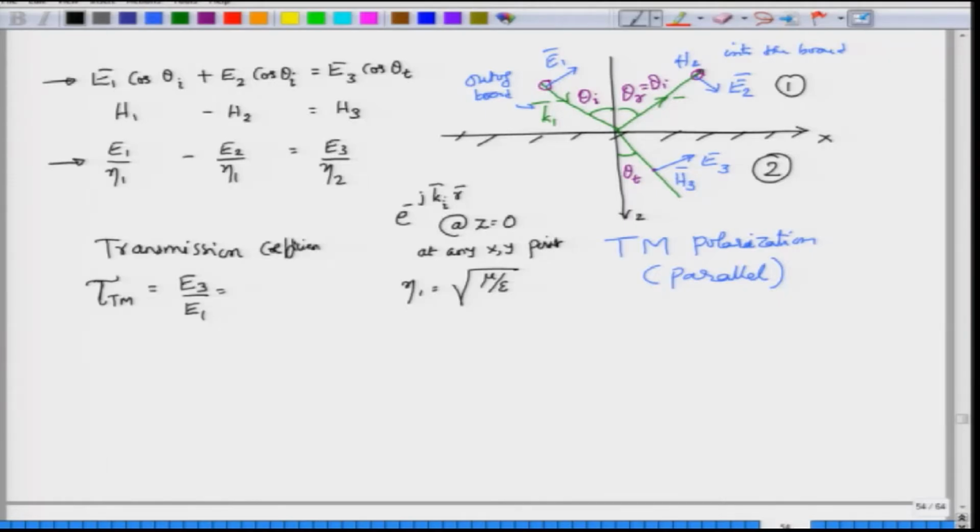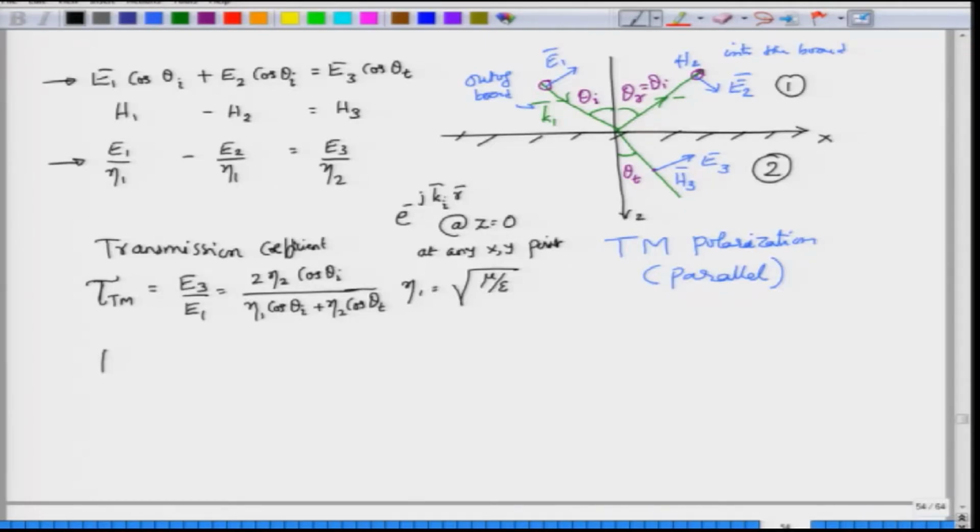You have to keep in mind that this is the amplitude ratio, not the power ratio, and you can show that this expression can be written as 2 eta 2 cos theta I divided by eta 1 cos theta I plus eta 2 cos theta t. Okay. So, I would encourage you to show that this equation comes out all right.